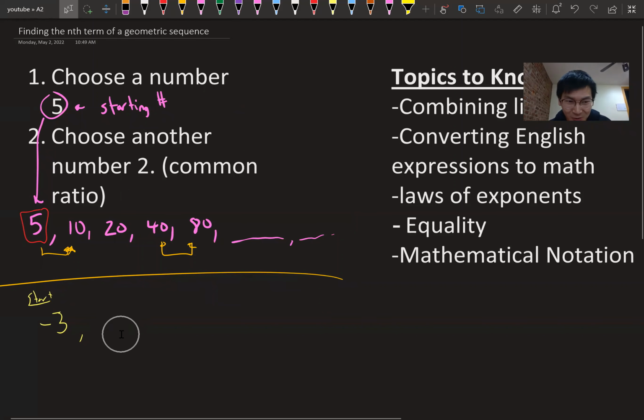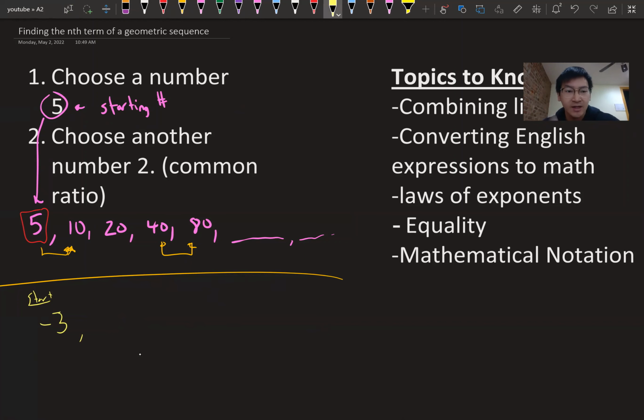So -3 times 2 is going to be -6. Oh no, I'm sorry, I said negative number. So let me make this times -2. So -3 times -2 is going to be +6. Then you multiply by -2 again, it's going to be -12. Do it again, 24. Do it again, -48. Do it again, 96, and so forth.